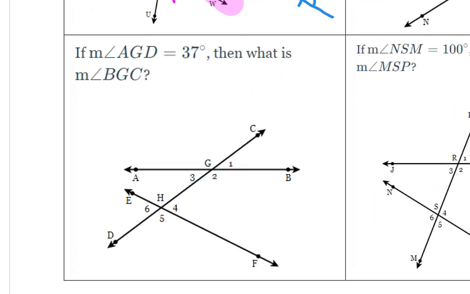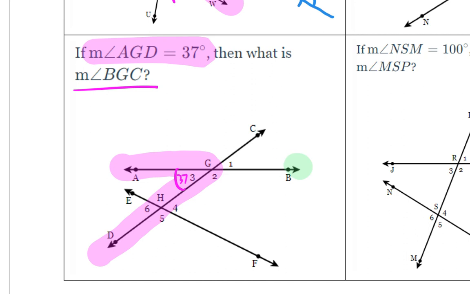Next, if the measure of angle AGD is 37 degrees, let's trace that out. AGD. That whole thing right there is 37 degrees. What is BGC? BGC. Let's trace that out with a different color. Well, what do we notice about those? It looks like a line right there, right?